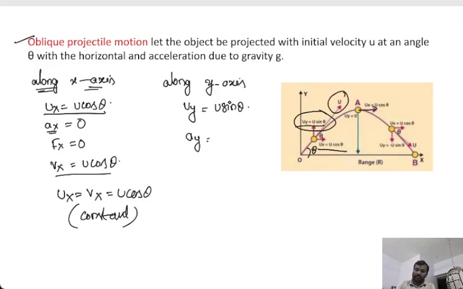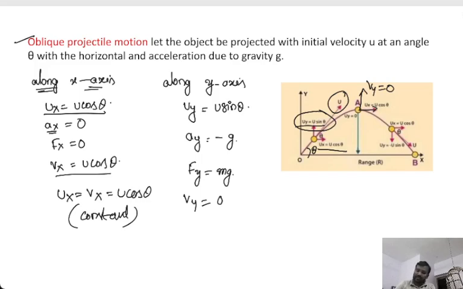Downward direction. Then you write ay is equal to minus g. At the same time the force also changes, so Fy is equal to minus mg. Here the final velocity Vy at the highest point is 0. So Vy is equal to 0.